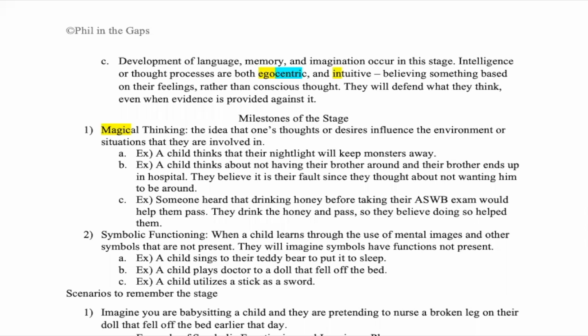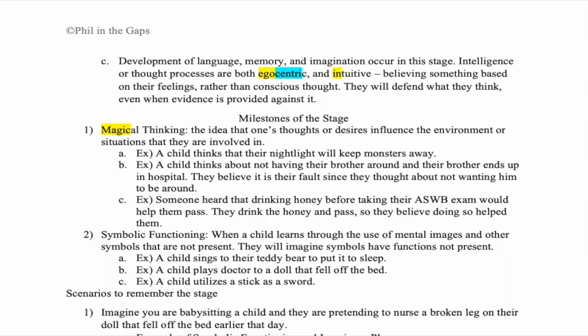Another example, someone heard that drinking honey before taking their ASWB exam would help them pass. They drink the honey and pass, so they believe doing so, aka drinking the honey, helped them pass. So again, magical thinking. You're putting magical powers into something that otherwise does not possess the powers that you say that it does.